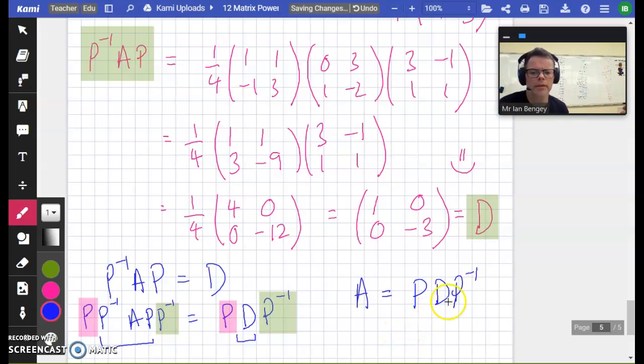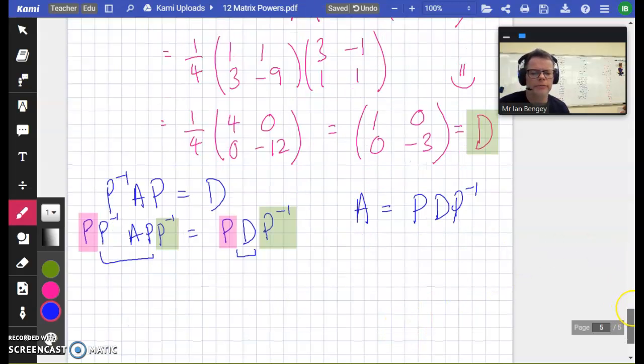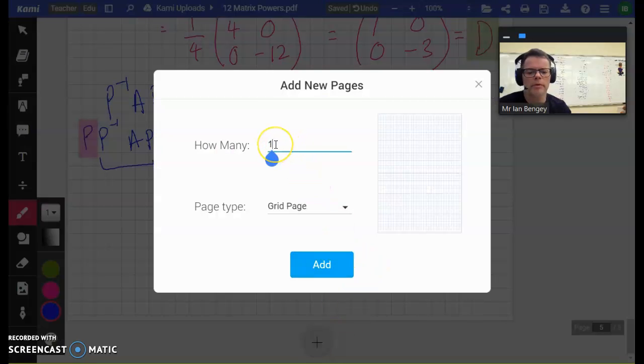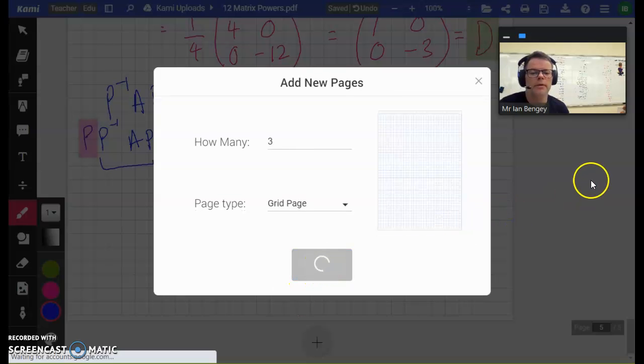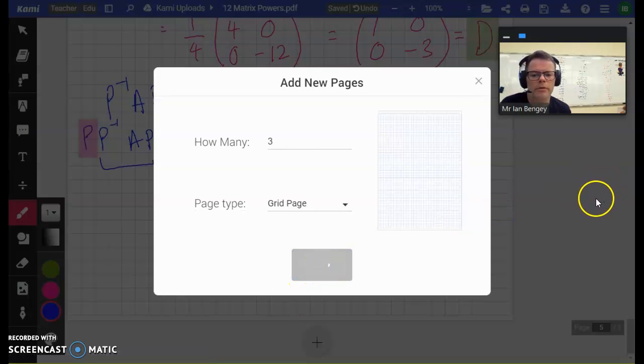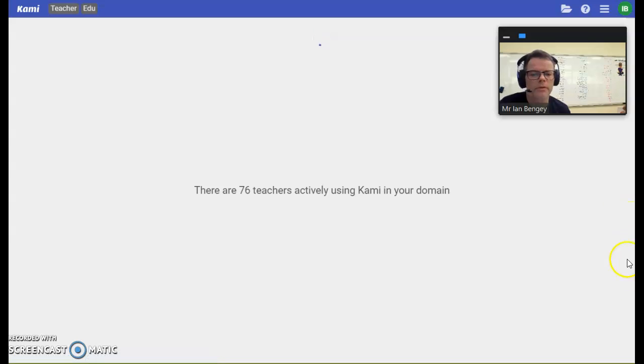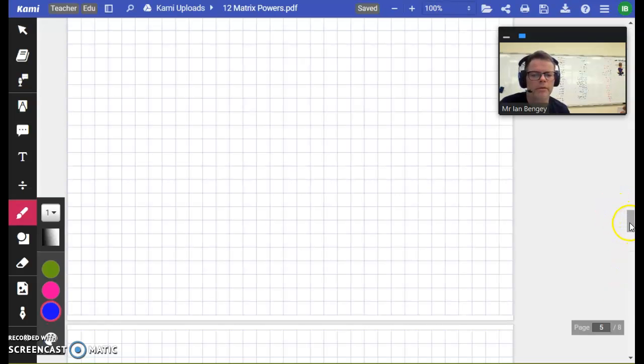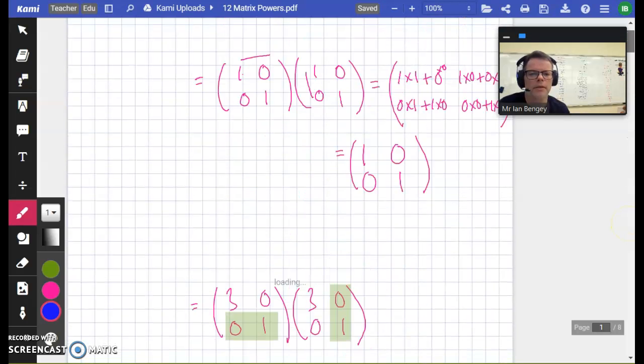Okay, great. How does that help us find the power of the matrix? Because if you remember, at the very beginning I completely ignored the power of A. Let's go back up and I'll just show you that again.